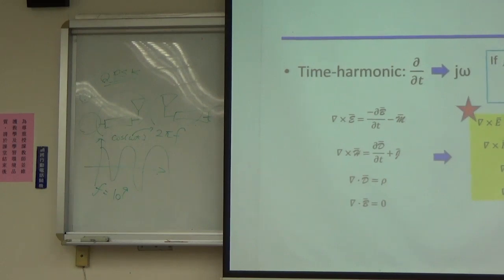This is the phasor form. We talk about the phase of the time. You remember this one? If not, use the Euler form: cosine omega t plus j sine omega t. This part is the real part. This is what I drew there.